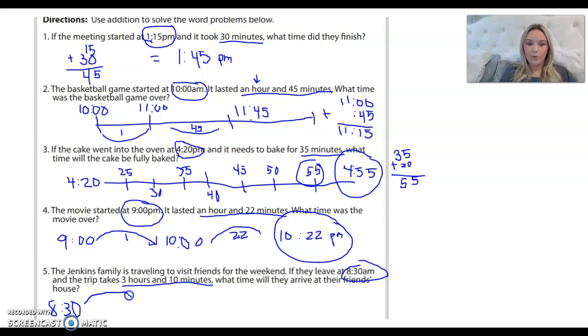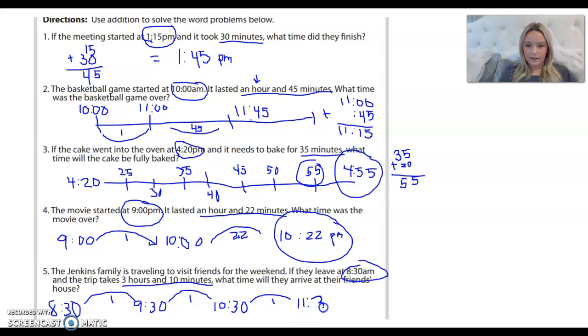So if I jump 1 hour, that changes to 9:30. But I'm not just jumping 1 hour, I'm jumping 3. So here's my next hour. I'm going to put a 1 in here so I know how many hours I've jumped. If I jumped 2 hours, that would be 10:30. I need to jump 1 more hour. Here I go to 11:30.